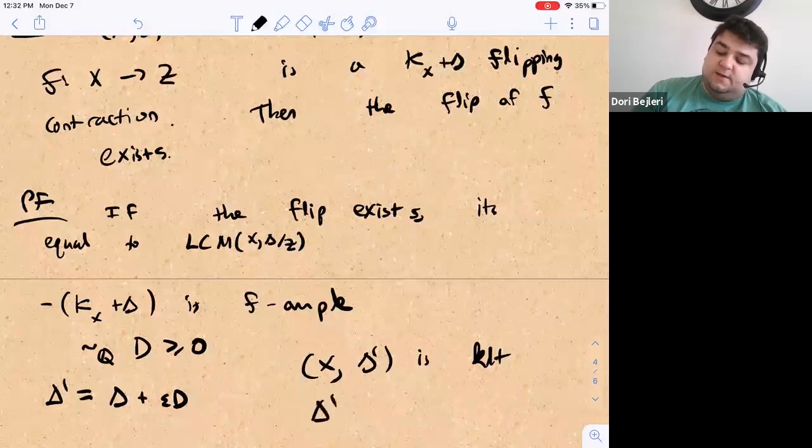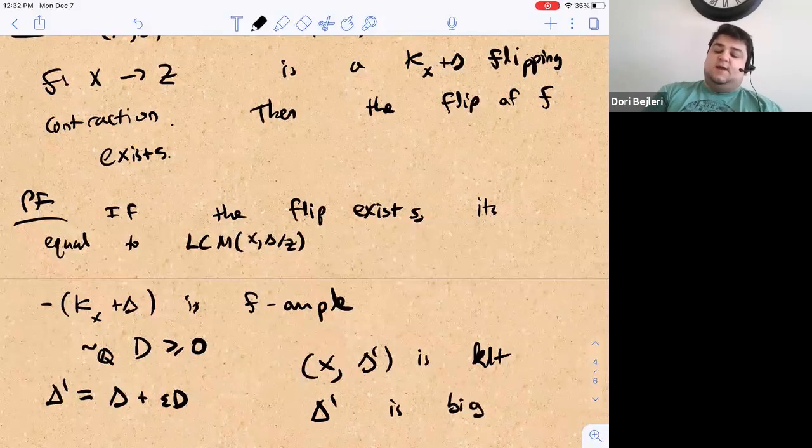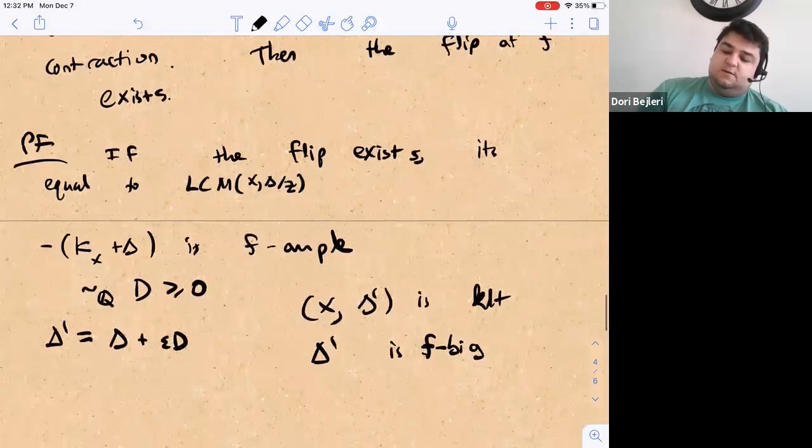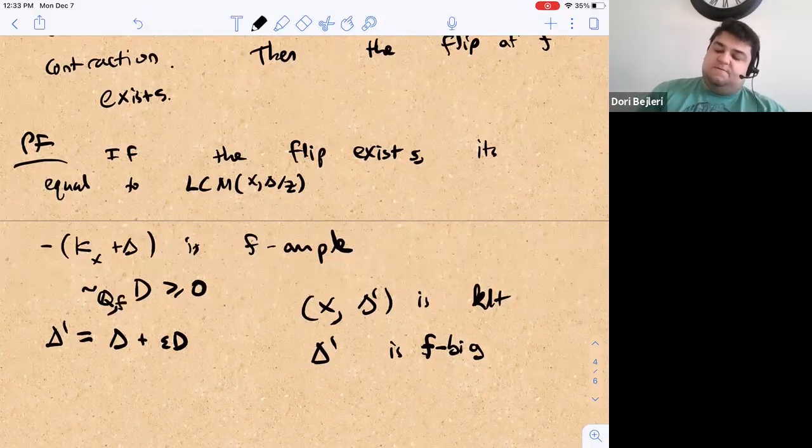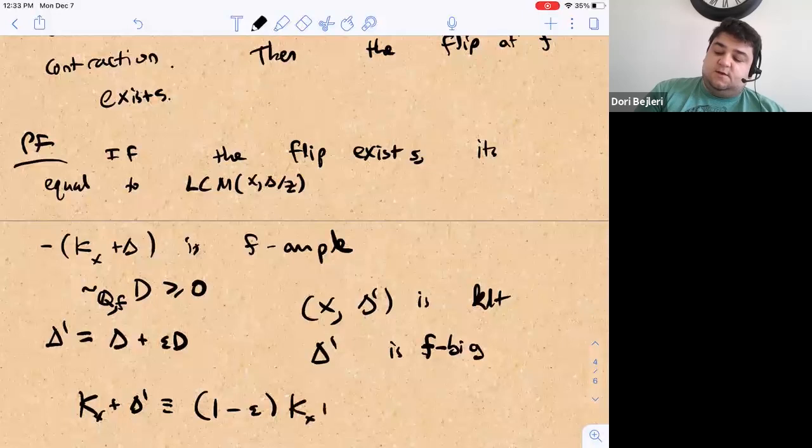And delta prime is big because it's ample plus effective, so it's f-big. And then finally, K_X plus delta prime is numerically equivalent to 1 minus epsilon times (K_X plus delta).